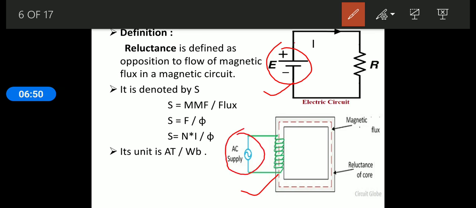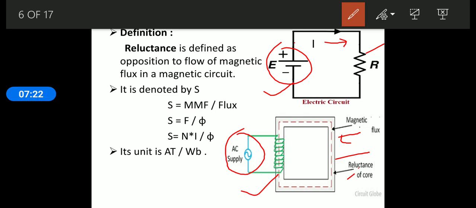In the electrical circuit, current flows; in the magnetic circuit, magnetic flux flows. In the electrical circuit there is resistance, and in the magnetic circuit there is reluctance.